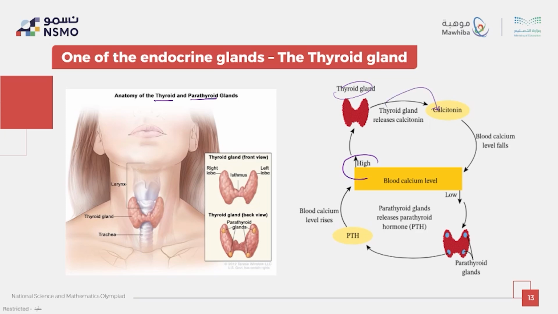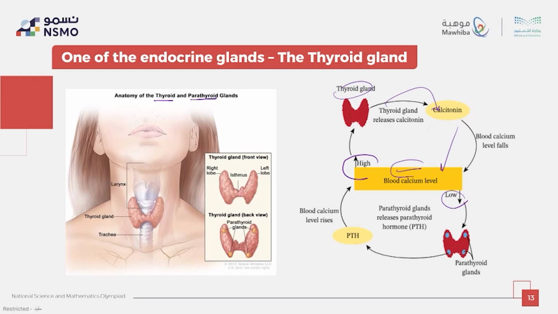Calcitonin will lower the level of calcium to normal. Calcitonin reduces calcium by storing it in bones and decreasing its absorption into the body.